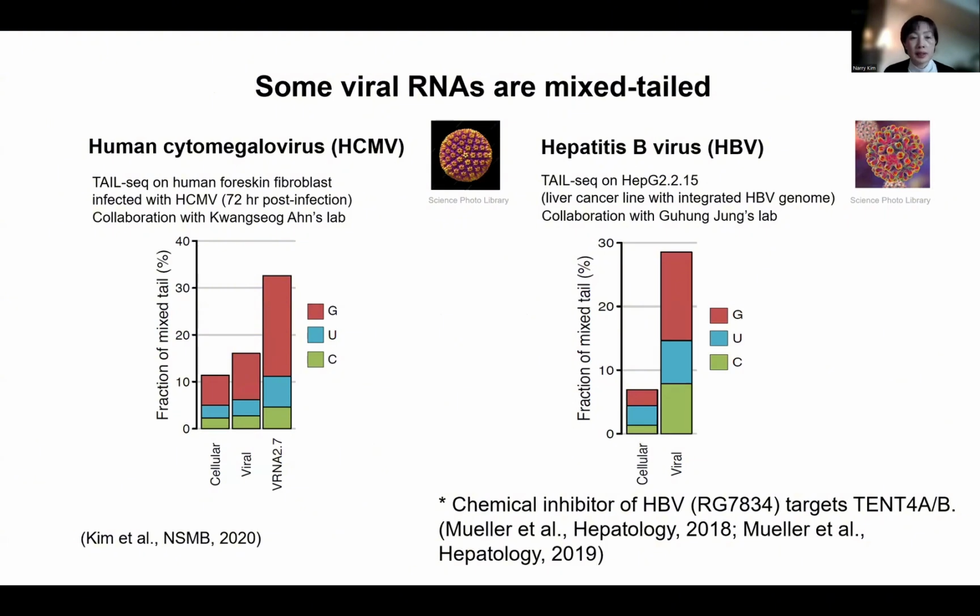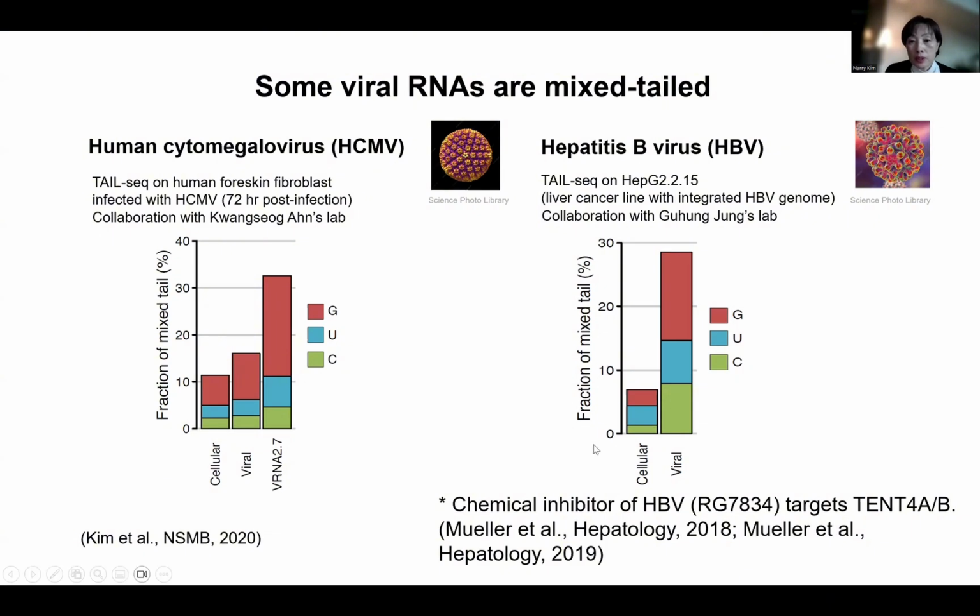And we were lucky that we had collaborators, Bang Seok-an, who was working on HCMV, and Kung Jung, who have been working on hepatitis B virus. And in both of these viruses, we found that viral transcripts, particularly the viral RNA 2.7 and HBV transcripts, are highly modified with mixed tailing.